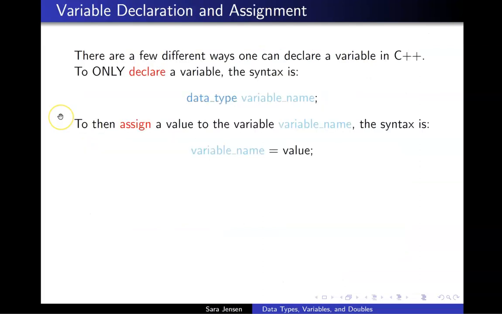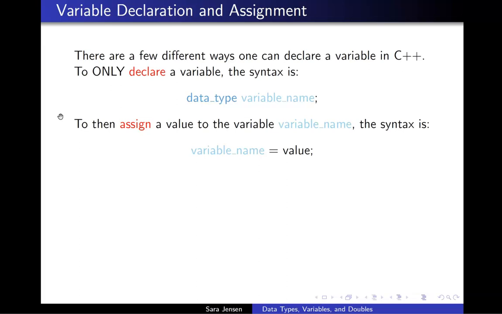Next, let's talk about the syntax for declaring variables and assigning values to them, including reassigning values to variables. There are several different acceptable ways that you can declare and assign values to variables within C++. But for now, let's focus on the declaration syntax and assignment syntax separately.